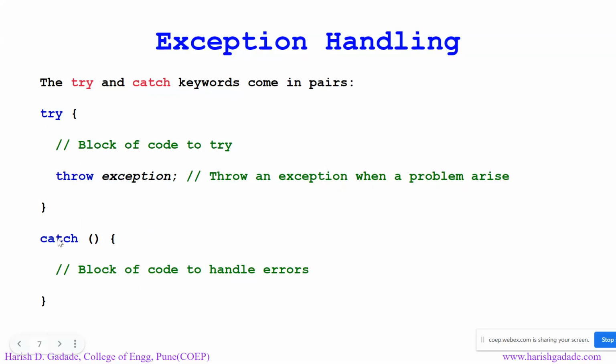In catch, this is a kind of function: block of code to handle the error. So here we need to put the respective statement. When we take the example, you will understand which statement I need to put here, and what it would throw, right? But here you need to understand the syntax for throw, catch, and try, right?